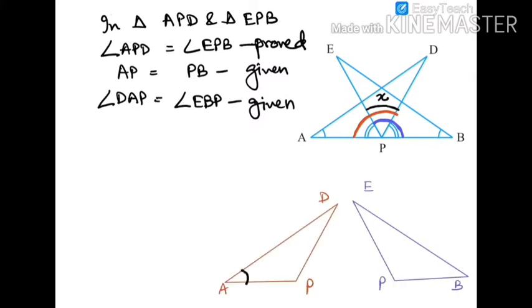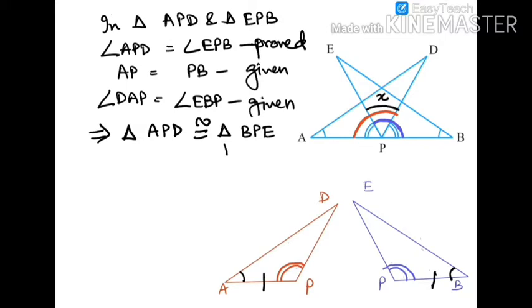So we have angle A equal to angle B, angle APD equal to angle EPB, and AP equal to BP. So notice that we have two corresponding angles and an included side of these two triangles equal. So we can say that triangle APD is congruent to triangle BPE by angle side angle.